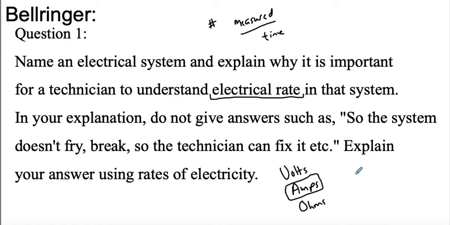So what happens if we have electricity moving too fast? Usually when we have electricity moving too fast, that's going to heat wires up, which could melt wires, because things that are moving faster will create more friction and more heat. It also may make the machine go faster itself.